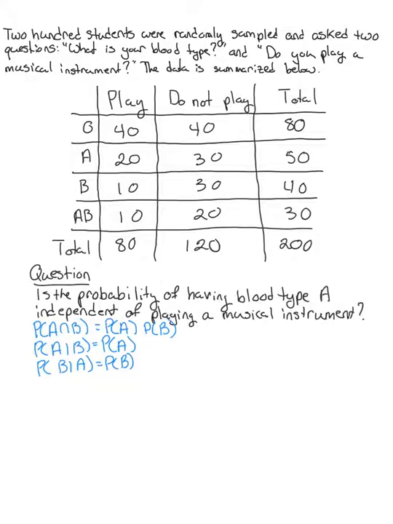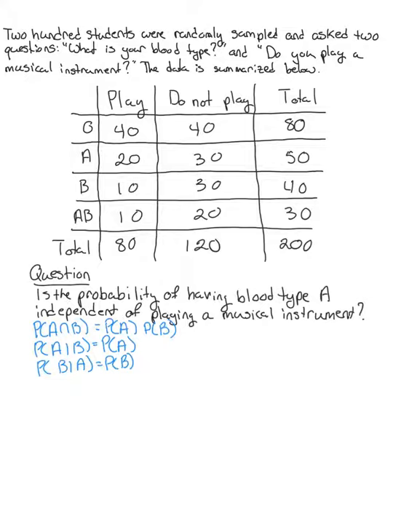Now A can be blood type A, or it could be something else. It could be O, it could be B, it could be AB. So those are the different blood types it can be. But here we're going to have A representing the random variable that the student has blood type A, and that has a certain probability. And B is going to represent if the student plays an instrument or if they do not.